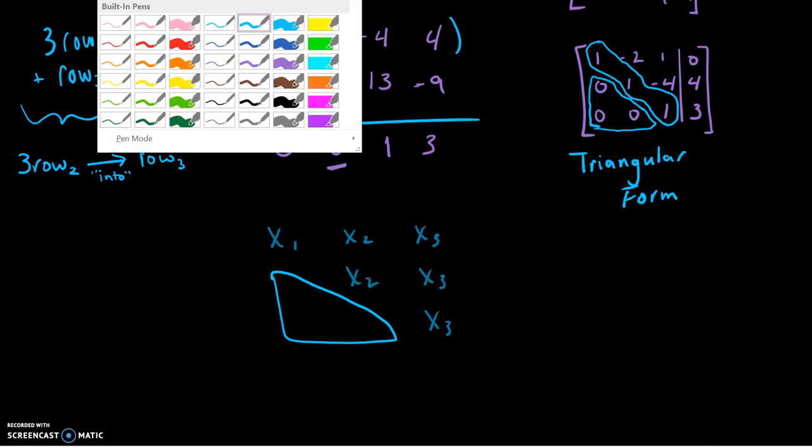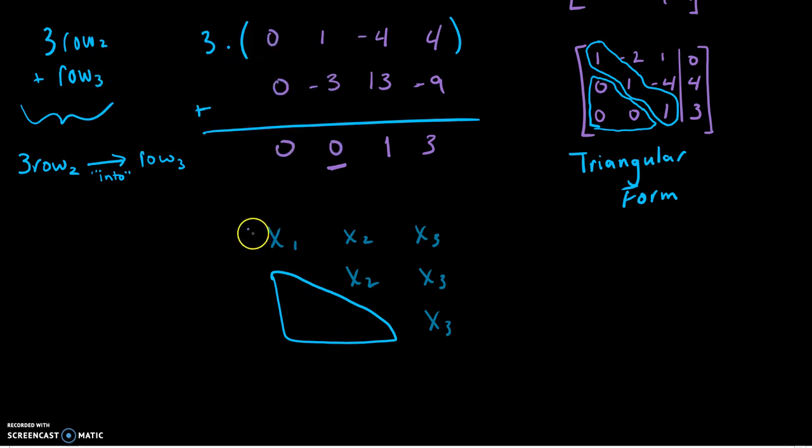Okay, so now we have our coefficients. We have 1 here, we have -2 there, we have 1 here. We have a 1 here, and we have a -4 there. And we have a 1 there. Okay? And of course, these equal everything on the right side. We've got to make sure we put that in there, because that, after all, is helping us find our solution, 0, 4, and 3.